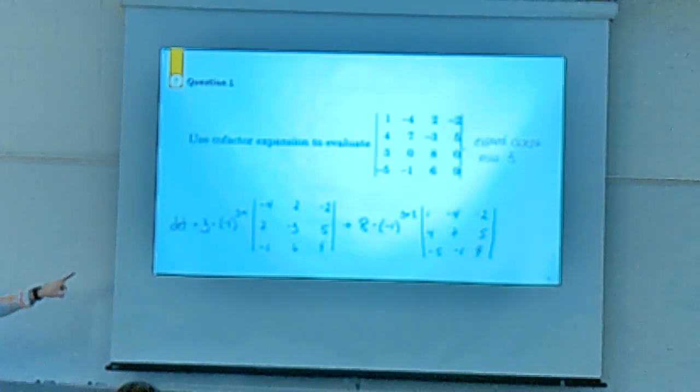Plus -2 times 7 times 6. 7 times 6, 42. And then double that, 84, and it'll be negative.